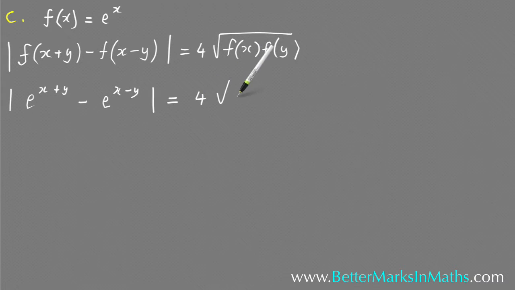So f of x is just e to the x. f of y is e to the y. And is there any way I can make this identical to this expression? Not really likely at all. You have a product of two things, and here you've got something minus something. So I'll have a bit of a play around with it.